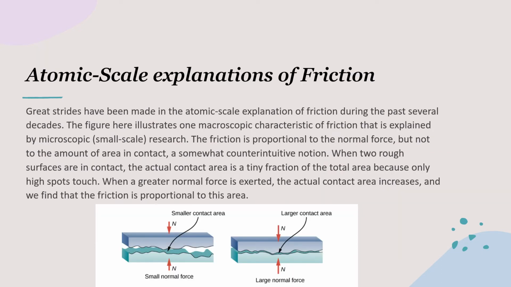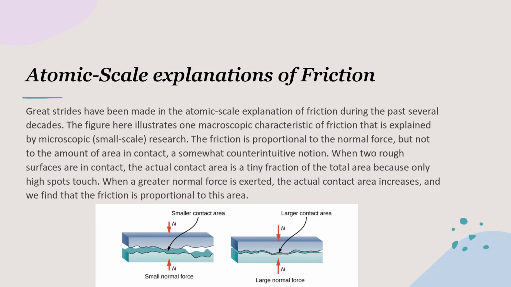Atomic scale explanations of friction. Great strides have been made in the atomic scale explanation of friction during the past several decades. The figure here illustrates one macroscopic characteristic of friction that is explained by microscopic research. The friction is proportional to the normal force, but not to the amount of area in contact, a somewhat counterintuitive notion.